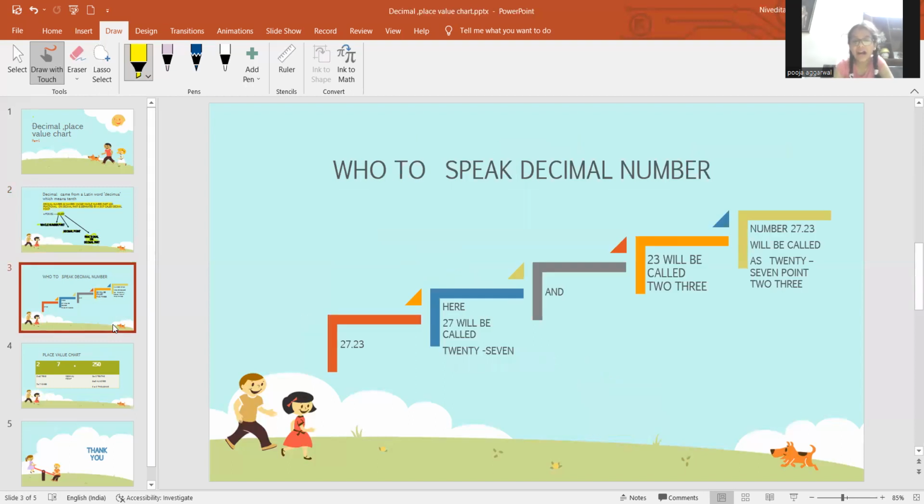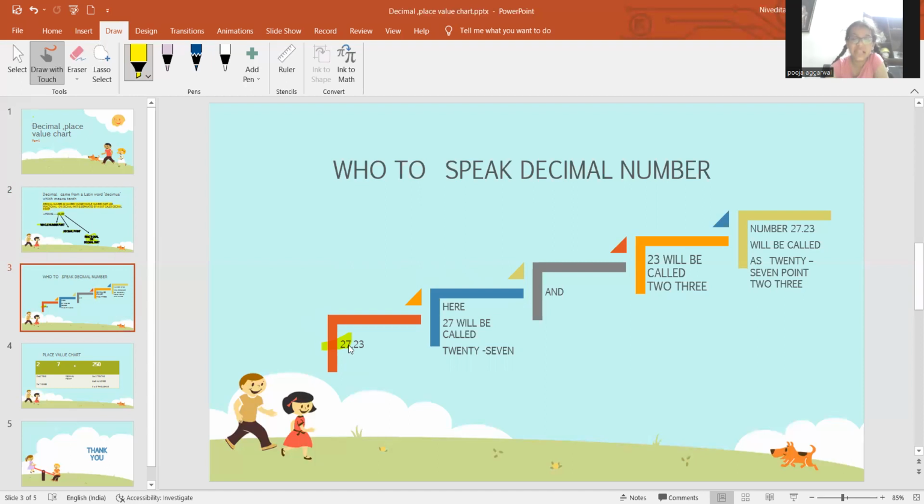Now, what are the ways to speak a decimal number? Let's start. If we have a decimal number like 27.23, because 27 is a whole number, we will call it as it is, 27.